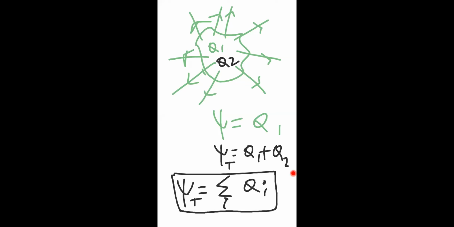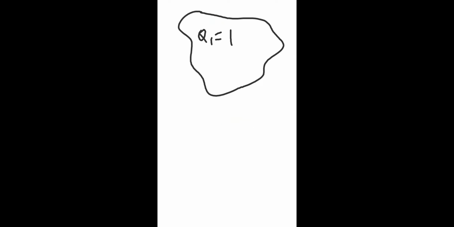Now I will extend further. Say for example, I'm having an imaginary surface. I'm having Q1 equal to 1 nanocoulomb and another Q2 equal to minus 1 nanocoulomb, because one is a positive charge and another one is a negative charge.